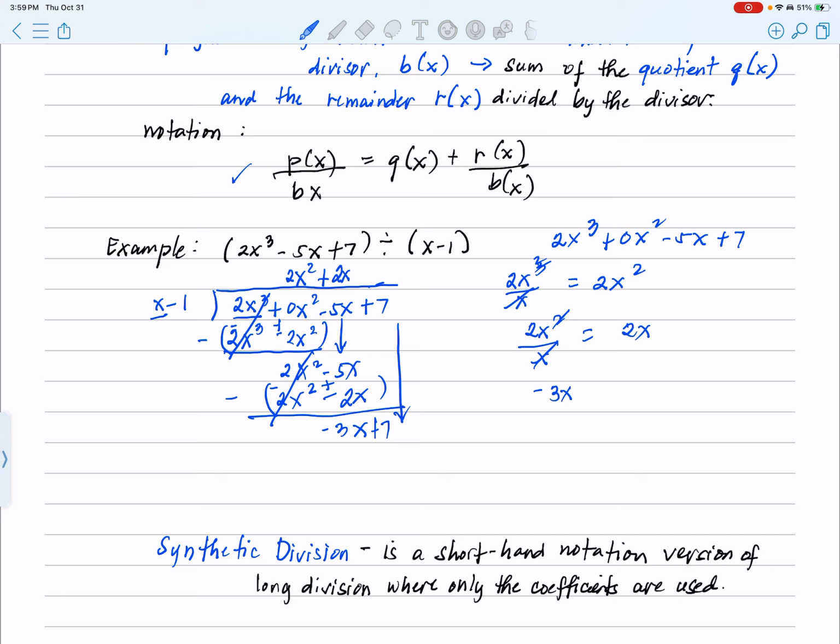We divide the first term of the dividend by the divisor, so the x is cancelled. We have a negative 3. Put that at the top of 7. Negative 3 multiplied back is negative 3x. Negative 3 times negative 1 is positive 3.